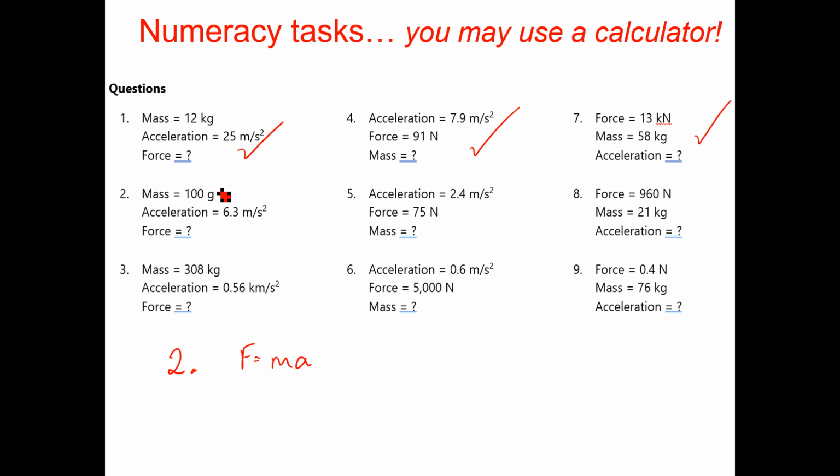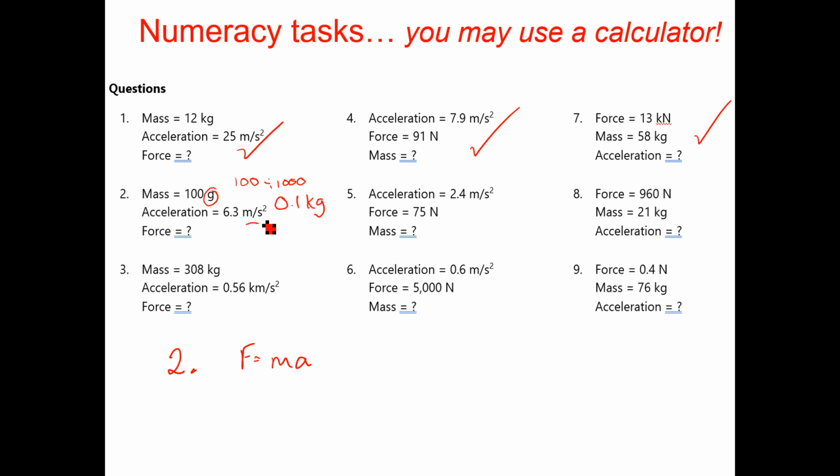However, hopefully some of you noticed that this is not our standard unit. There are 1,000 grams in 1 kilogram, so we have to divide 100 by 1,000. Whatever we end up with is going to be less than 1 kilogram. This will be 0.1 kilograms.